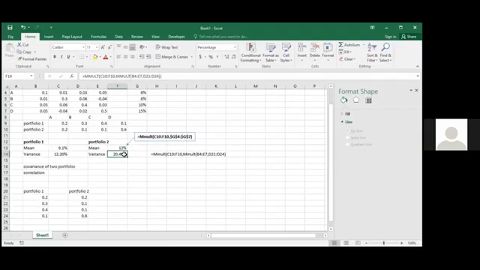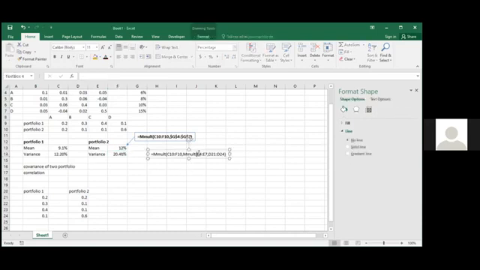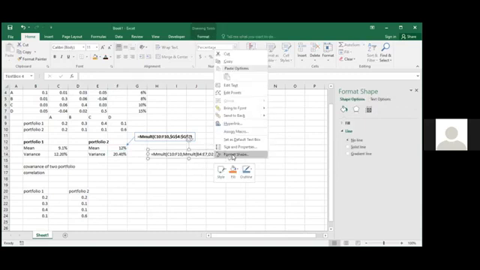That is C10, F10, MMULT B4, E7 multiplied by D21, D24.